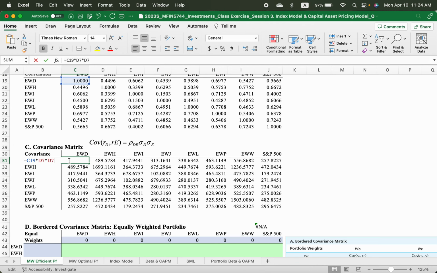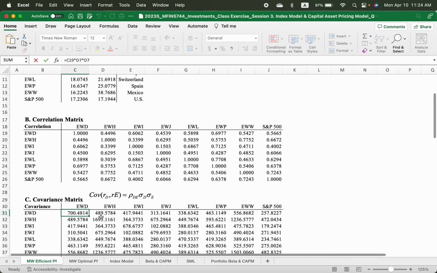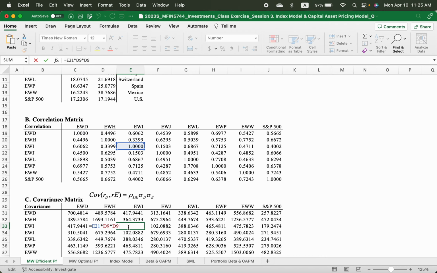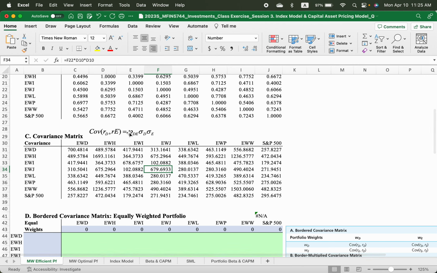So we calculate this covariance matrix. We don't want to spend time on this calculation. Each covariance matrix is calculated by this equation that we practiced last class.